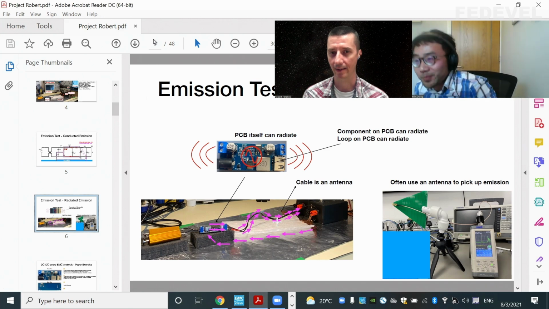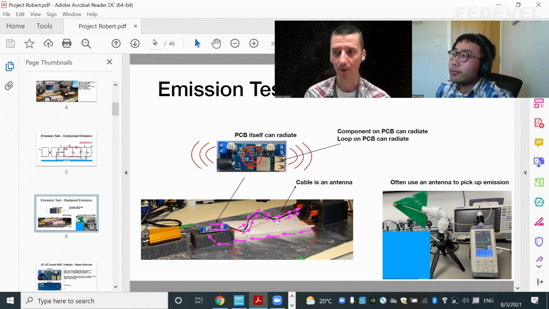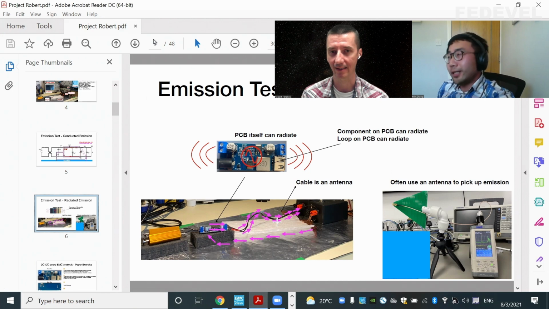Is it important where pin 1 of the inductor is located, the starting point or the ending? Yes. I think lots of people probably know this already. It depends on how you wind the inductor.